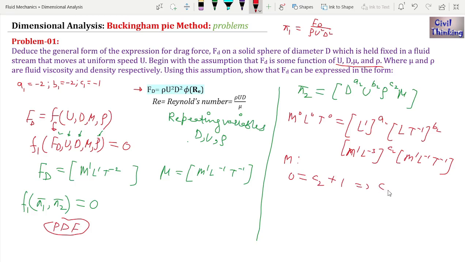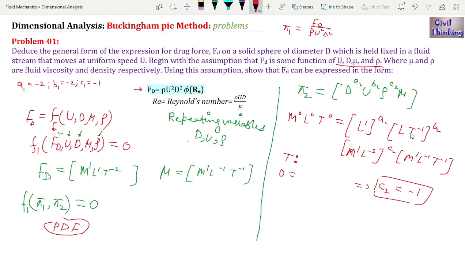So here we found the value of c2 to be minus 1, right? Now let me compare the power of T. Why? Because the T terms are fewer, and when you compare the terms with fewer terms first, it will save your time. Here the power of T is 0, and here the power of T is not minus 1 because b2 is also here. b2 will be multiplied with minus 1, so it is minus b2.